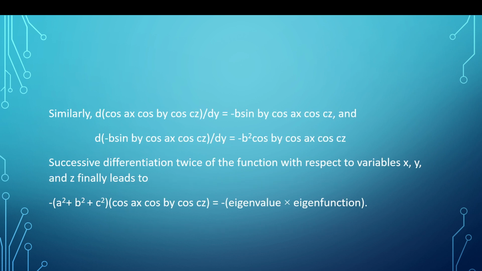Following the same principle, we differentiate the function with respect to x, then with respect to y, then with respect to z. And finally we get the multiplier factor minus (a square plus b square plus c square). This is the eigenvalue, and the same function results, that is cos ax cos by cos cz. It means we finally have eigenvalue times eigenfunction.